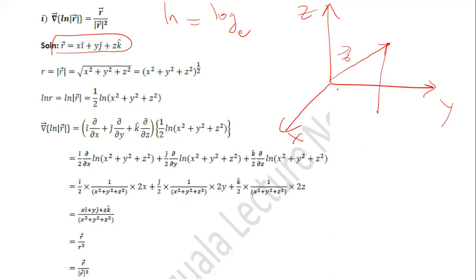So what is the r vector? If you drop a perpendicular here, the coefficient along the x coordinate is x, along the y coordinate is y, and along the z coordinate is z. So your r vector is xi plus yj plus zk.